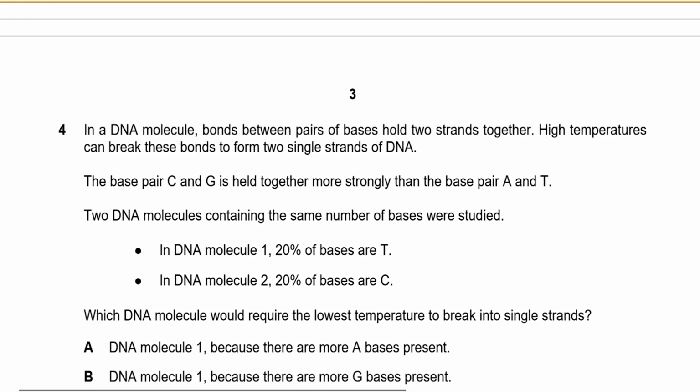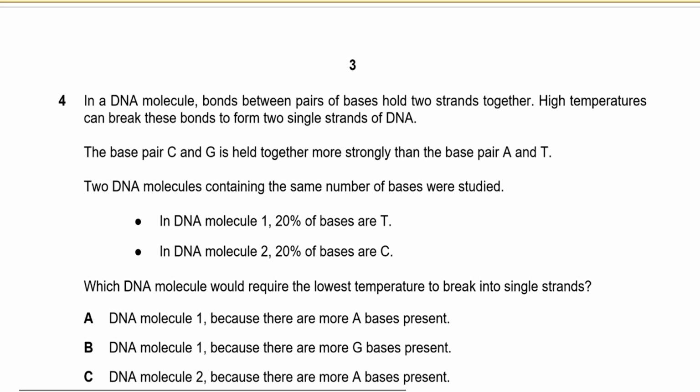Okay, number 4 says, in a DNA molecule over here, bond pairs between bases hold 2 strands together. High temperatures can break these bonds to form 2 single strands of DNA. The base pair C and G is held together more strongly than the base pair A and T. 2 DNA molecules containing the same number of bases were studied.